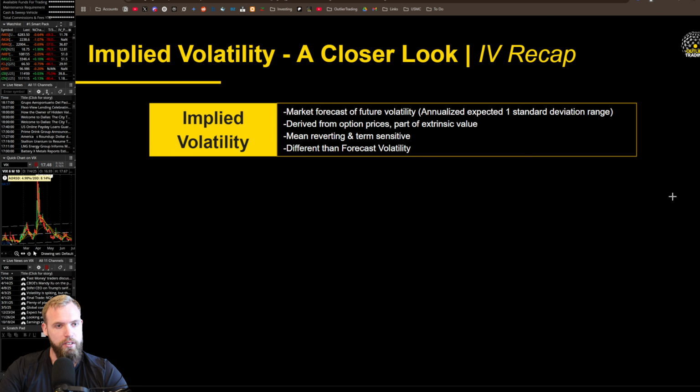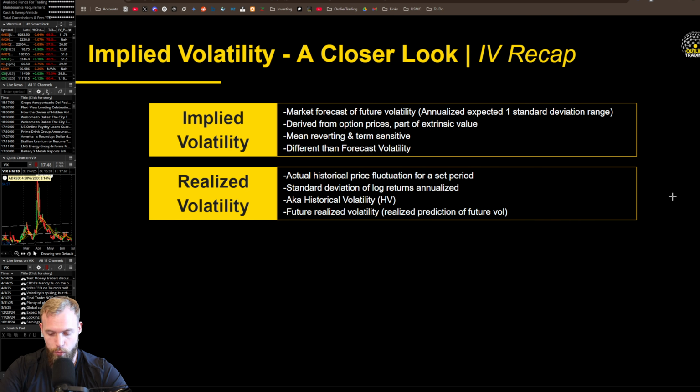Cool. Let's take a look at a couple other types of vol, realized vol. This one's super easy. It's literally just what happened. Implied volatility is the forward expectation. Realized volatility is what occurred. Now, realized volatility has some different flavors. In the context I'm using right now, I'm using it synonymously with historical volatility. Historical volatility also means what happened.